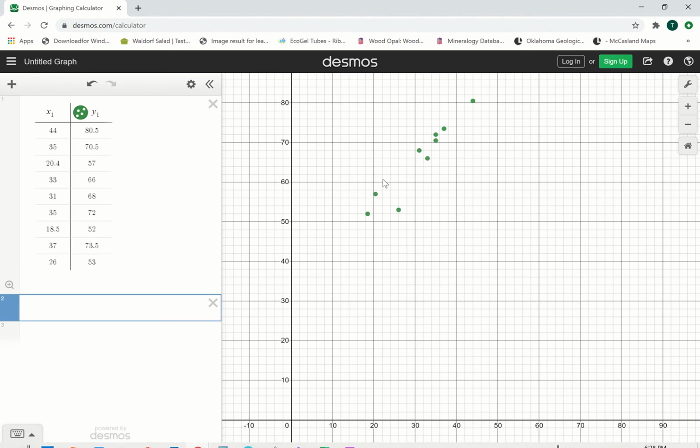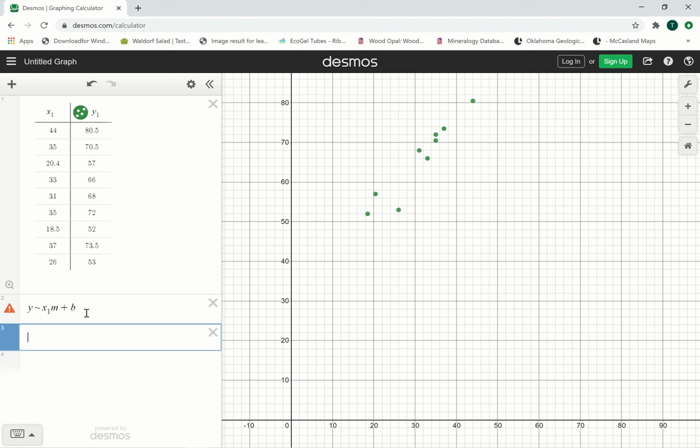Here we go. And let me see if I can remember how to do this. I think it is going to be Y, where's my tilde? Y tilde X sub 1 M plus B? No? Try Y sub 1.